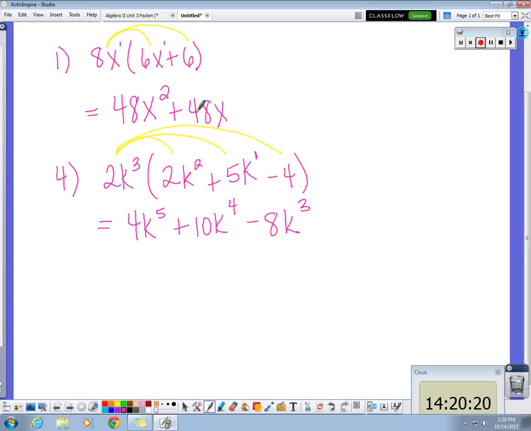What about the answer for number 1? What would we call it? It is a binomial, but what do we call its first name? What's its highest exponent? No, binomial means 2 terms. This is a binomial.